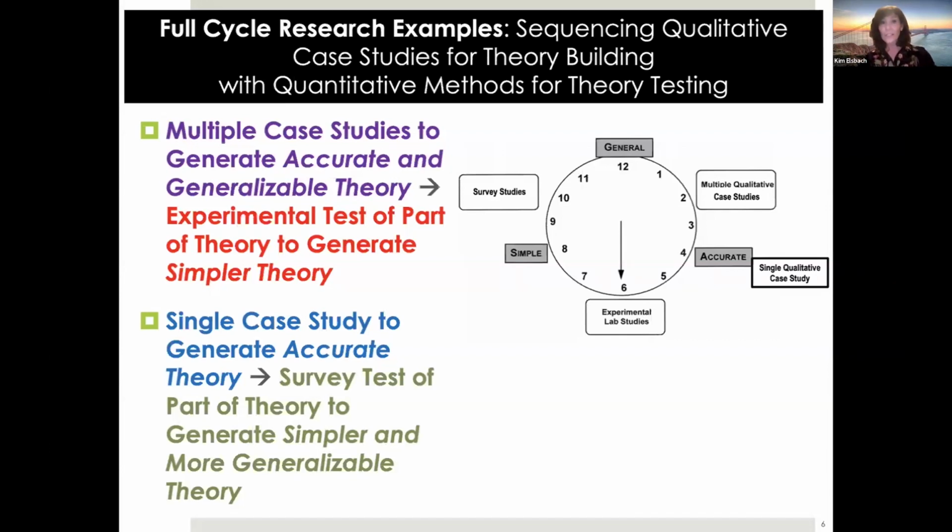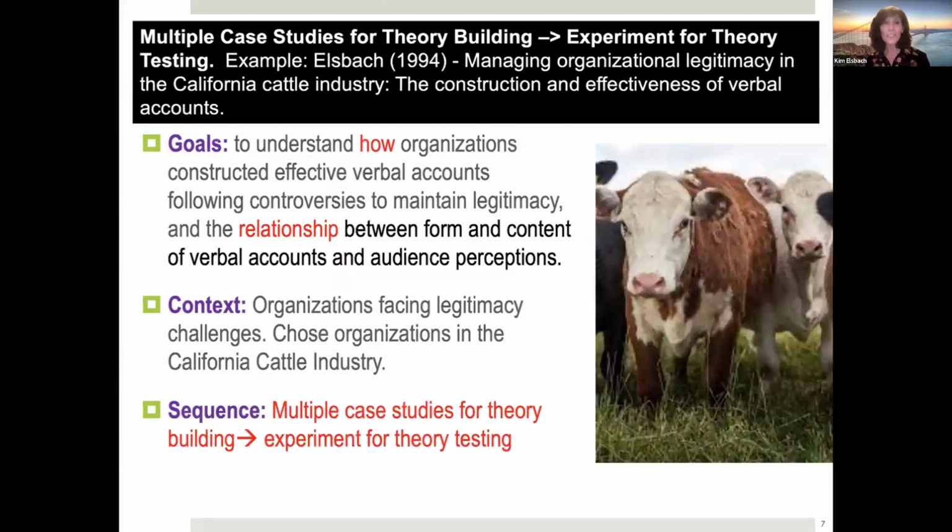Now, I've done these two different kinds of sequences multiple times, but I'm just going to talk about a couple for quick illustrations. The first illustration is a study that I did, and I realized today that it was published 30 years ago, which is impossible because I'm only 35. But nevertheless, this study involved multiple qualitative case studies and an experimental study.